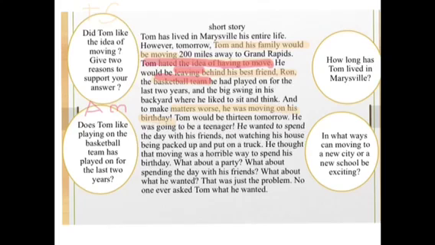In the third question, how long has Tom lived in Marysville? We can see that we actually remember reading that as the first sentence. Tom has lived in Marysville his entire life. So we didn't actually have to go anywhere in the text.